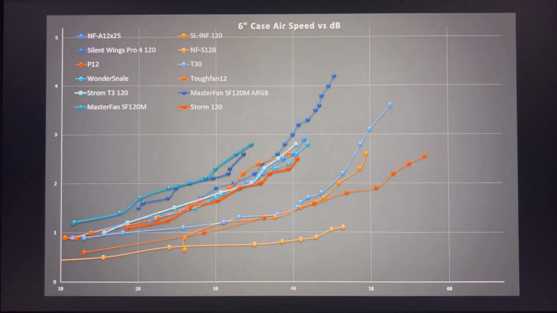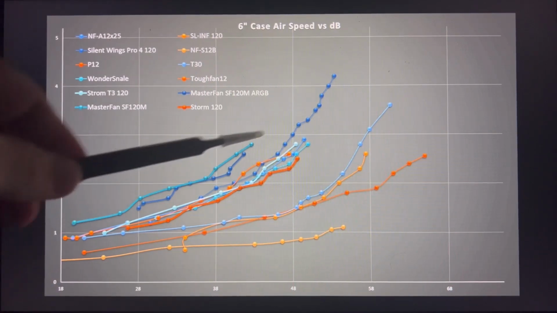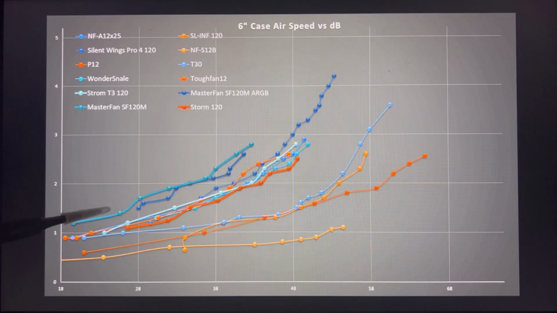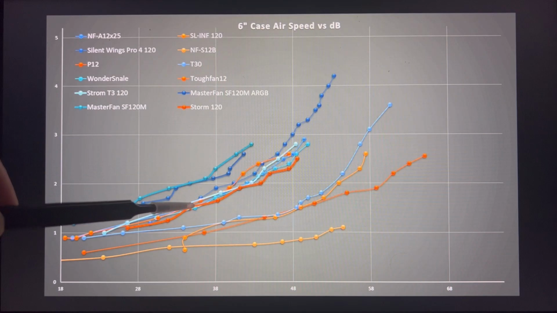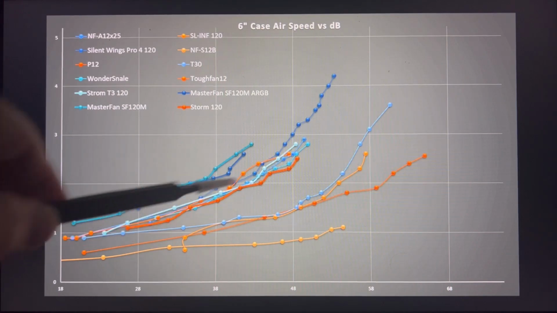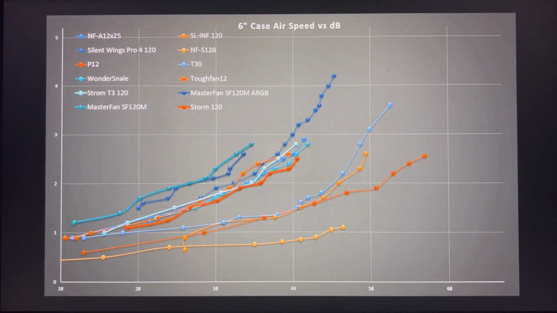Taking a different look at the data, where this is at the 6-inch mark, we have noise versus airspeed. The Master Fan right there, the 120M, the ARGB version sitting just below it. Then we have the Storm right here, sort of at the bottom end of the better groupings of fans, and the Storm T3 sitting just over top of it.